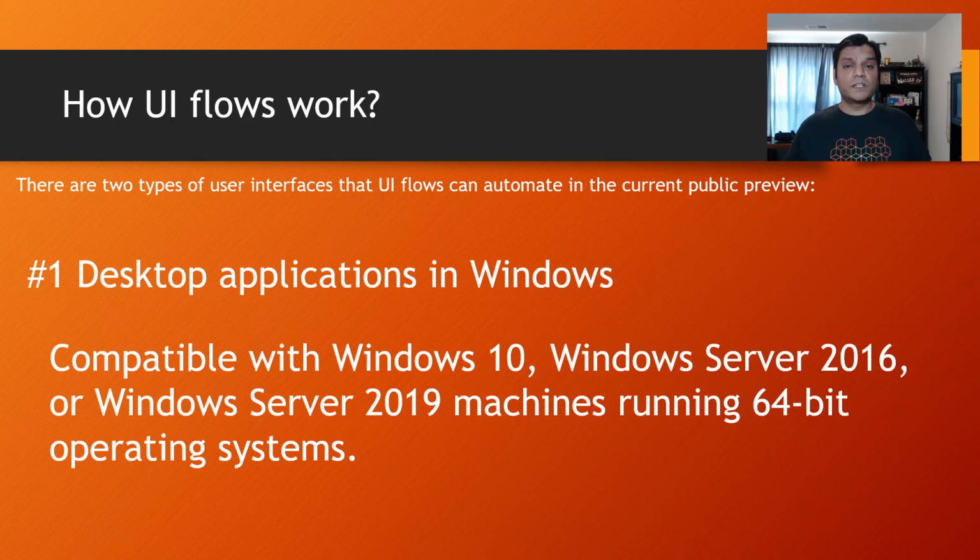It also works with desktop applications, which means that when you want to do the recording, it will have the functionality to open up an application which is on your desktop. It also has the functionality to work with web-based applications. Now, with your desktop applications, there's an important thing that you need to notice: it is only compatible with Windows 10 and with server either 2016 or 2019, but the key thing is the operating system has to be 64-bit.